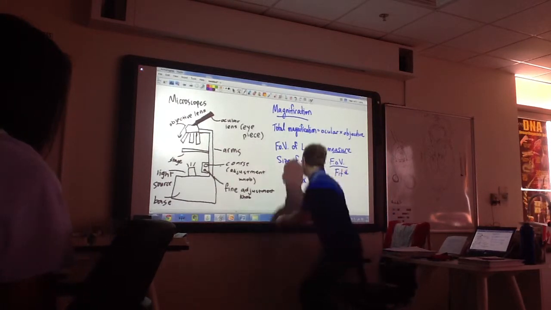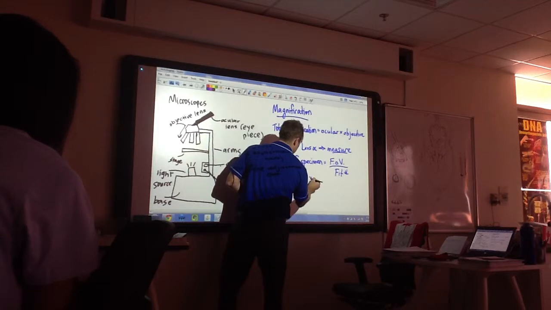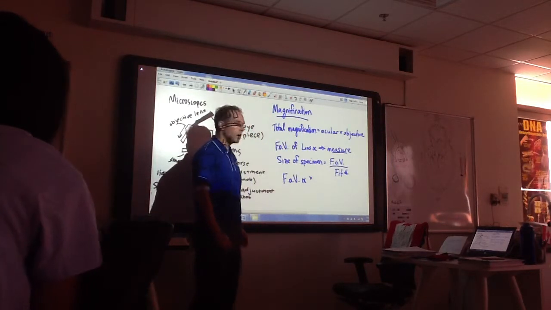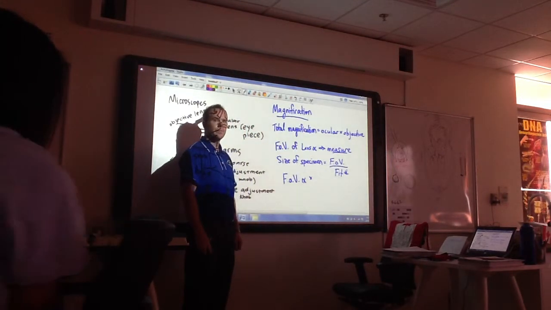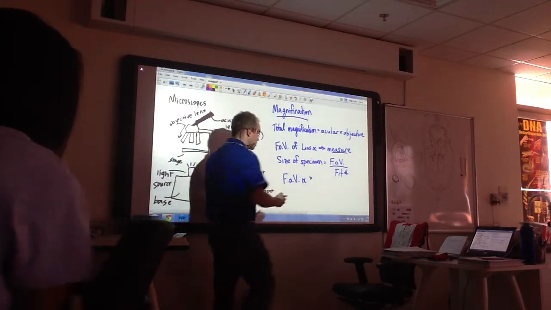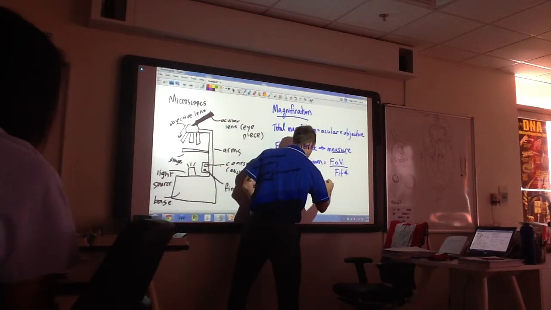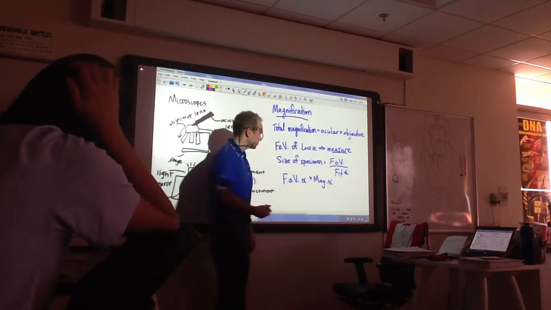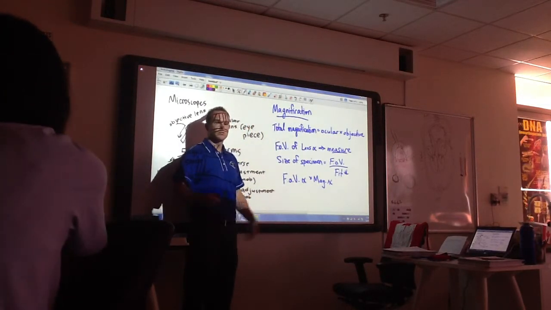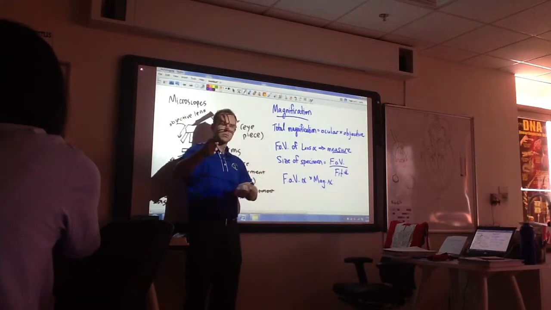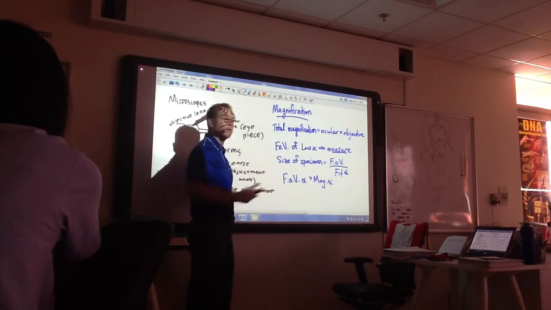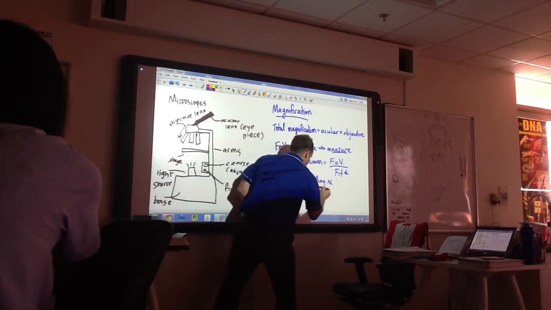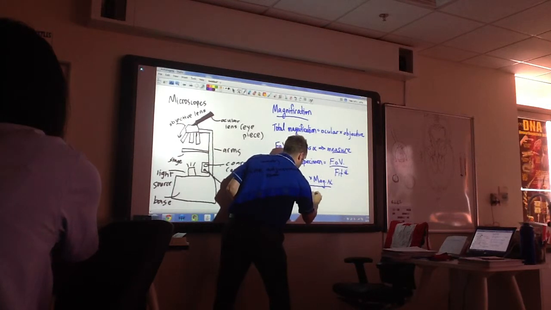Field of view of X times the magnification that we're looking at, right? So the magnification of lens X, divided by the other magnification. Yeah, the other magnification is probably the one that we're going to know, right?